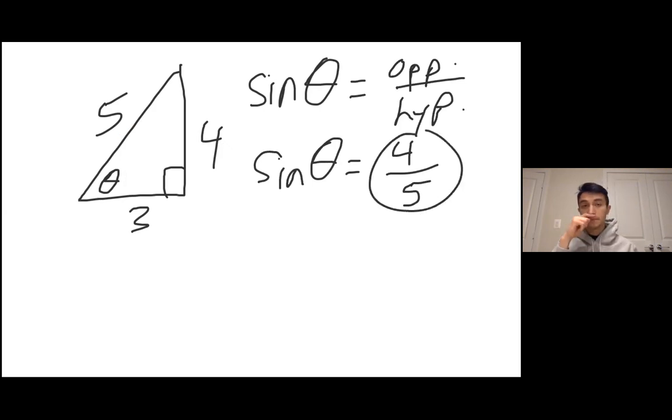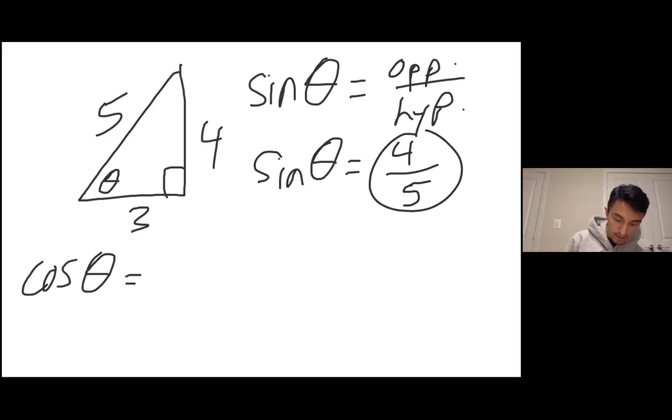Easy money, right? That's it, literally. Obviously, you'll have times where this fraction can be simplified, but in this case, it definitely cannot be, so we don't have to worry about that. Sweet. Let's do cosine now. Cosine theta. Now we're looking at adjacent over hypotenuse.